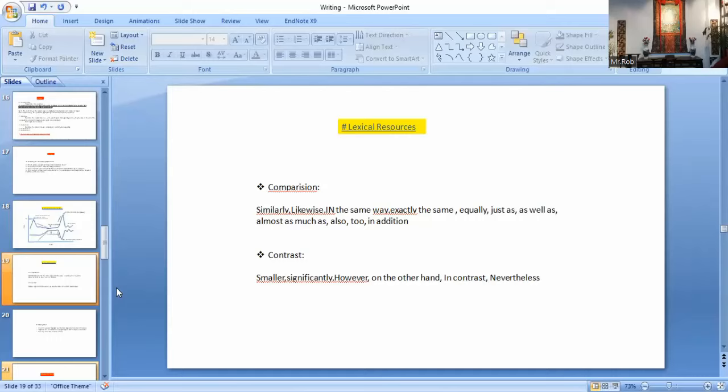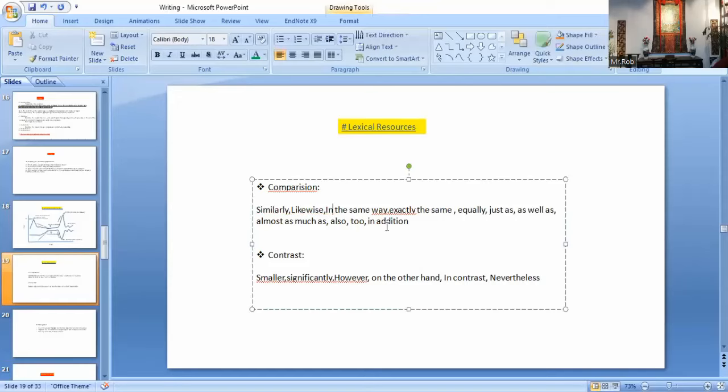For example, if you need to make comparisons, you have to use words like similarly, likewise, in the same way, exactly the same, just as, equally, as well as, almost as much as, also, in addition, and so on. If you are contrasting something, you have to use words like smaller, significantly, however, on the other hand, in contrast, nevertheless.